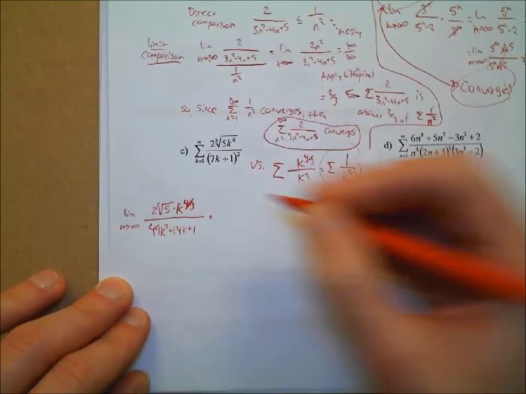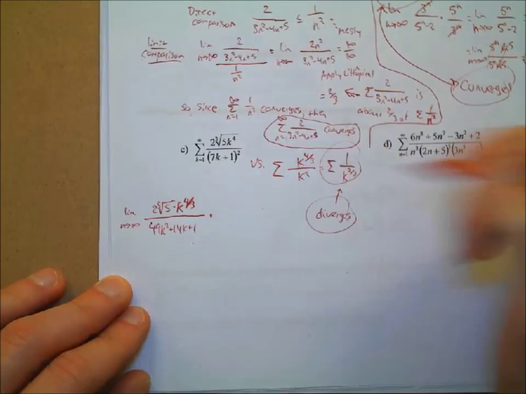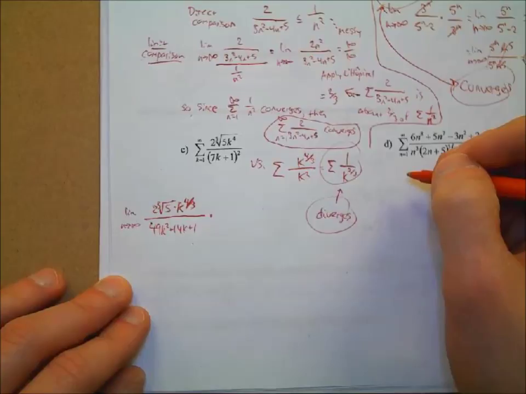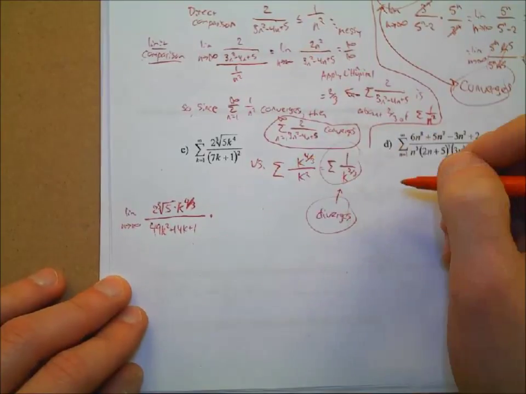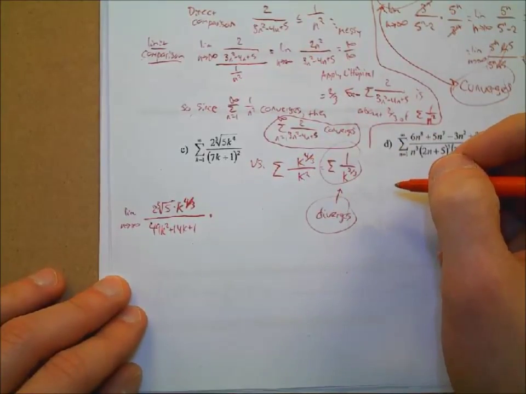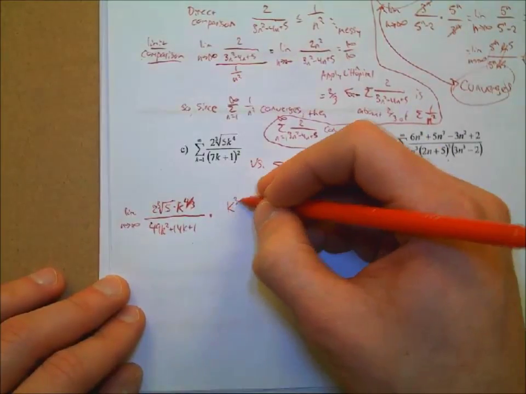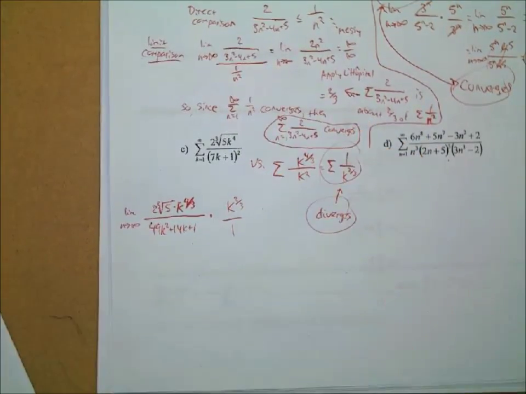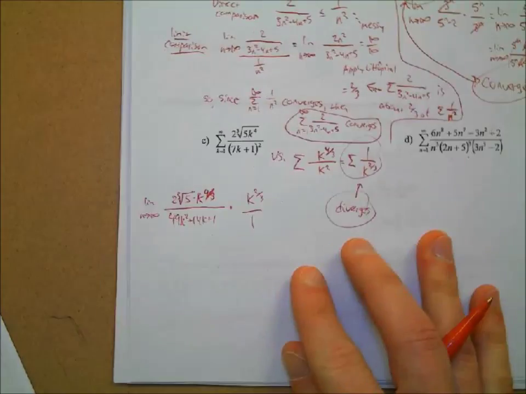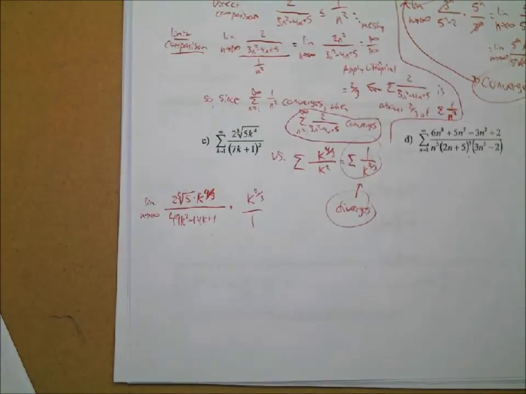And again, I'll multiply by the reciprocal here, which is going to be k to the 2/3 over 1, like that.